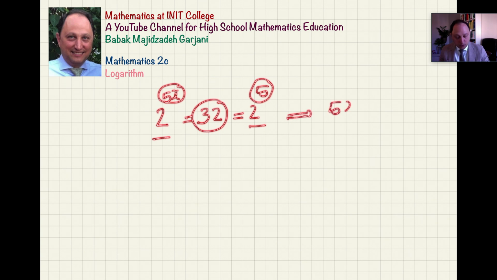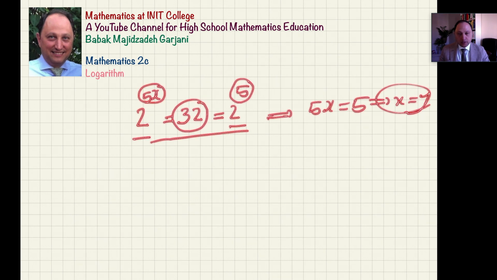So then you get this equation and you were able to solve it and find your unknown value for x. Of course we were able to solve slightly harder problems, but most of them were reducible to equations in which you have the power of the same number on both sides, and then you were able to compare the exponents.